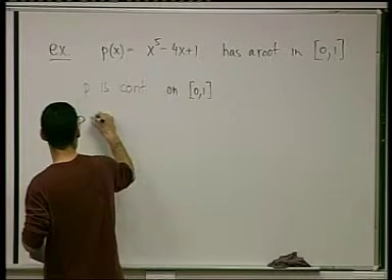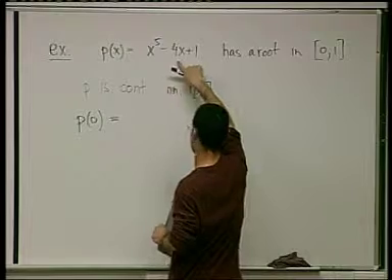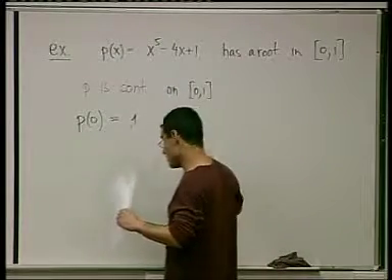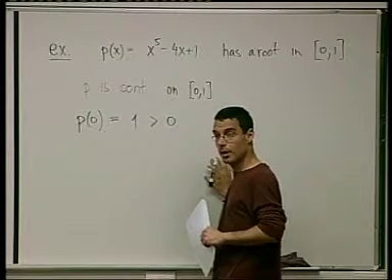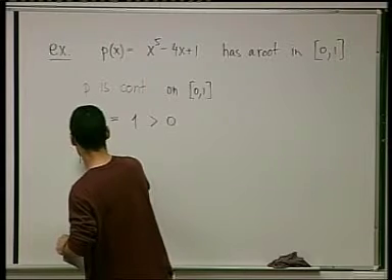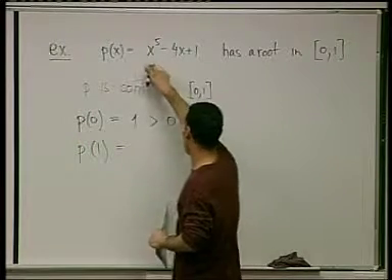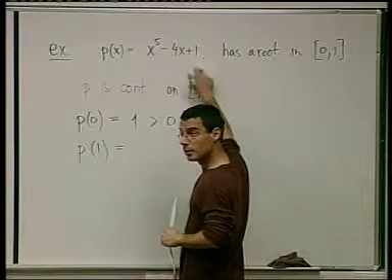What's the value of P at 0? P at 0 is 0 minus 4 times 0 plus 1. It's 1. Do you agree? 1 has this amazing property that it's greater than 0. What's the value of P at the other end of the interval? At 1, well, 1 minus 4 plus 1 is minus 2.